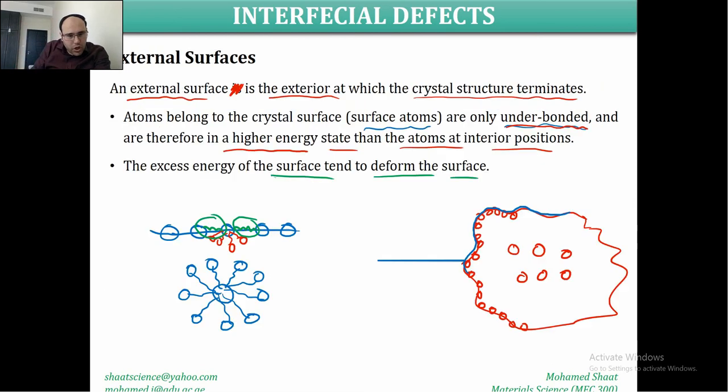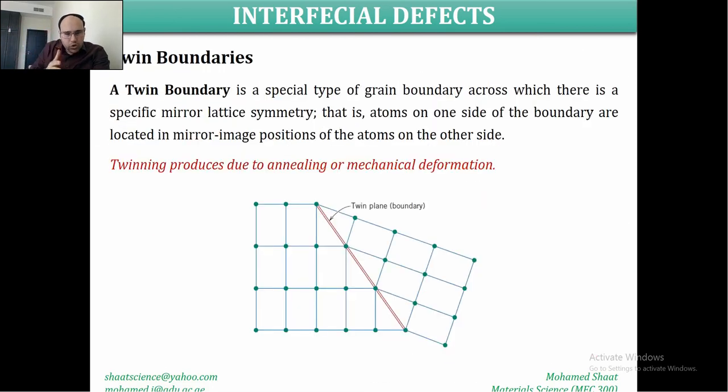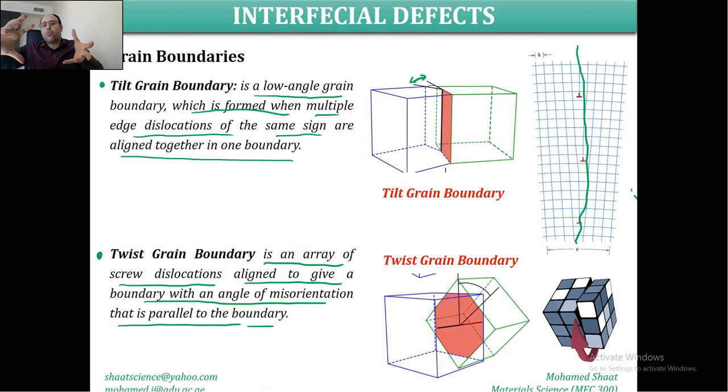We do have multiple screw dislocations that would result in one part of the crystal or the grain being completely separate from the other one, typically the same as the Rubik's Cube. And in that case, we're going to say that we have a twist grain boundary generated between these two parts to represent the misorientation.